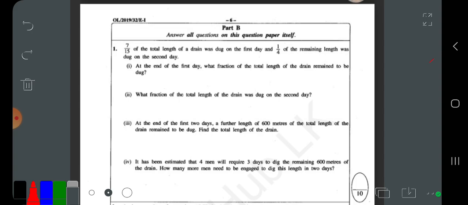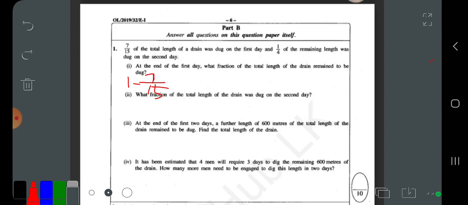At the end of the first day, what fraction of the total length of the drain remained to be done? Right, that only I told. So you should know, 1 means total, 1 is whole. If whole comes, we should write 1, right? 1 subtraction 7/15, right?